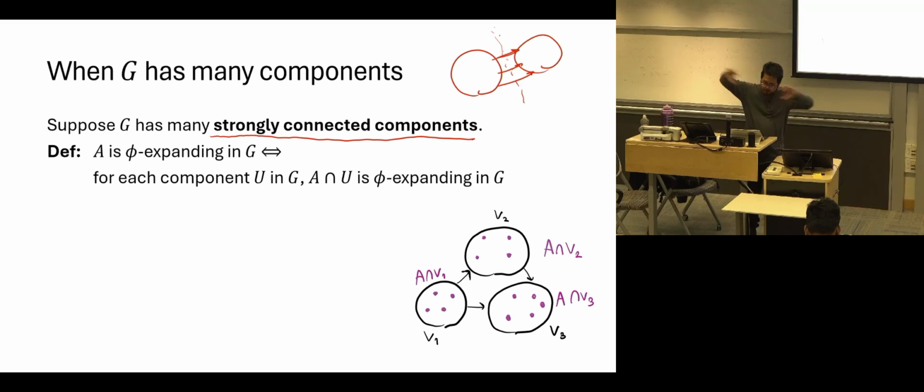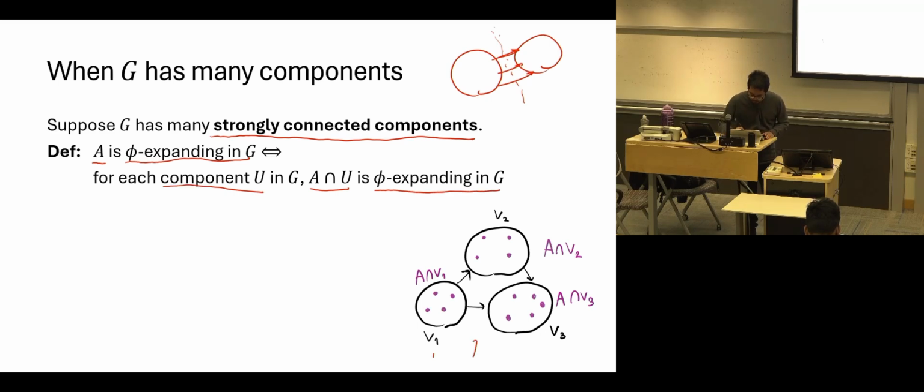They are separate components anyway. But I'm just going to use this convention to say that A is phi expanding in G if it's expanding in each component. That is, for each component U, A intersect U is phi expanding in G.